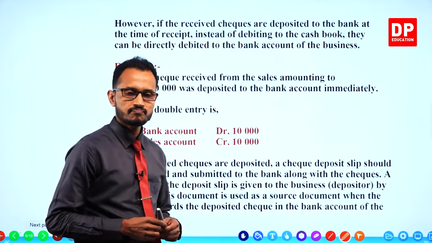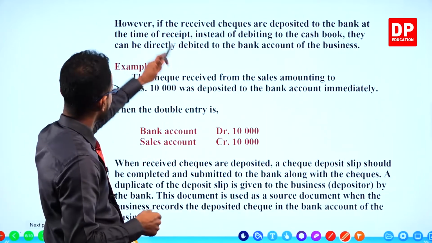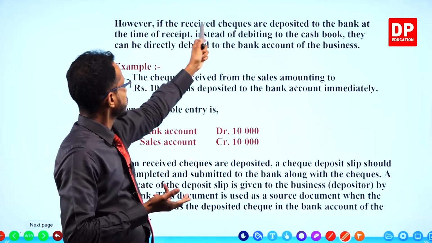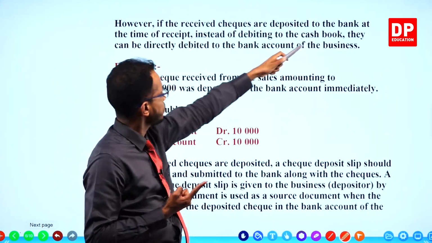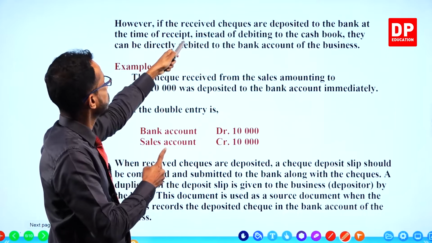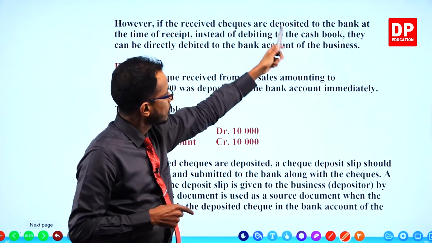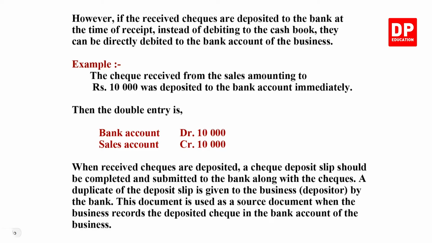Some more explanation here, some more details. However, if the received checks are deposited in the bank at the time of receipt, instead of debiting the cash book, they are directly debited to the bank account.